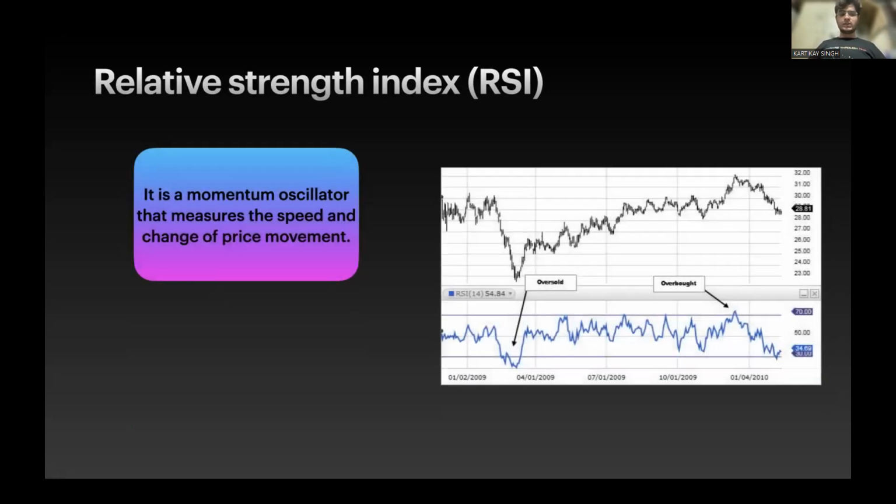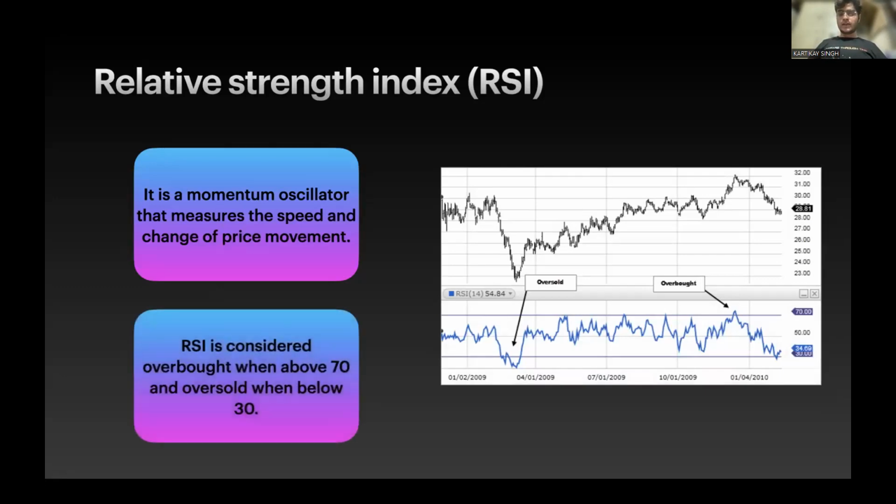So, relative strength index. This is a momentum oscillator. What it does is it calculates or measures the speed of the change of price momentum, right? So when this RSI value is over 70, then it means that it is overbought. What does that mean?